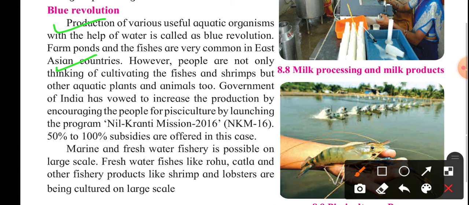The Government of India has encouraged people to take up pisciculture by launching the program Neel Kranti Mission 2016, that is NKM 16. 50% to 100% subsidies are offered in this case. Marine and freshwater fisheries are possible on a large scale. Freshwater fishes like rohu and katla, and other fisheries products like shrimp and lobsters, are being cultured on a large scale.